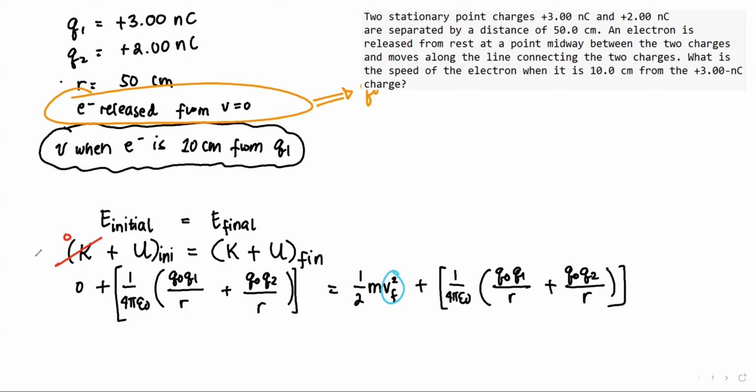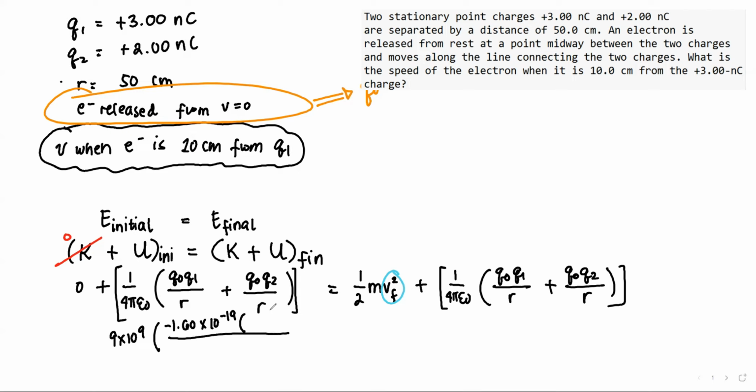So let's continue here. 1 over 4 pi epsilon naught is just 9 times 10 to the 9th multiplied to Q naught. Our Q naught is just an electron, so that's negative 1.6 times 10 raised to negative 19.